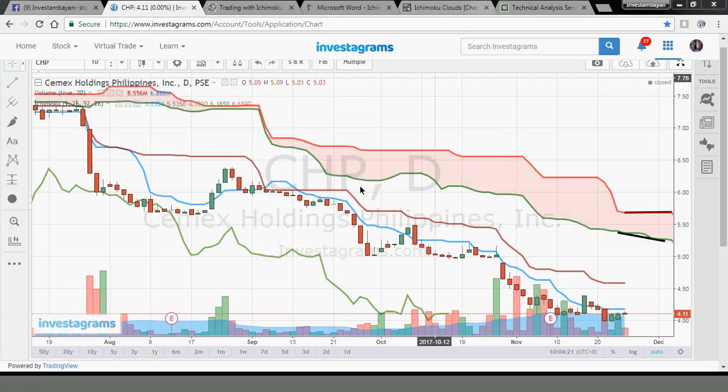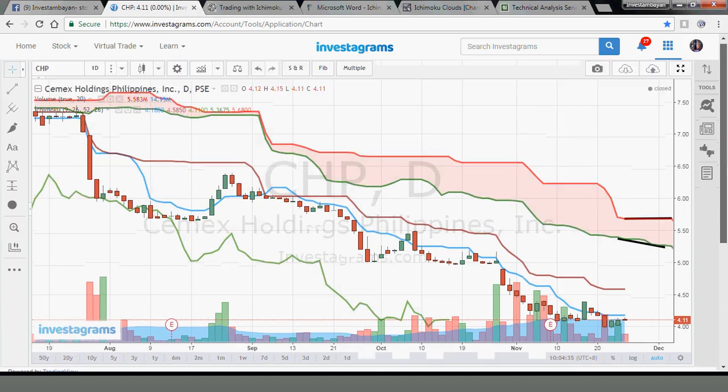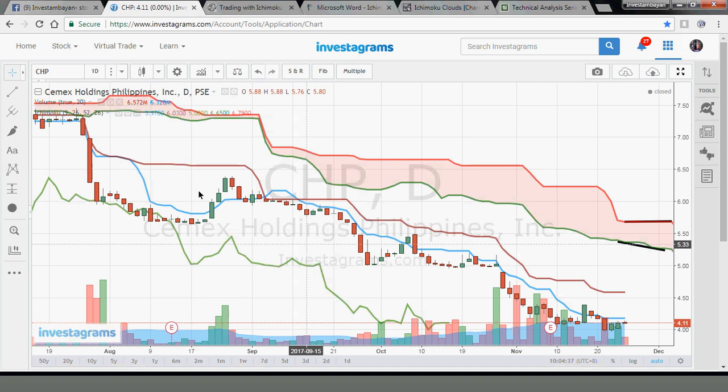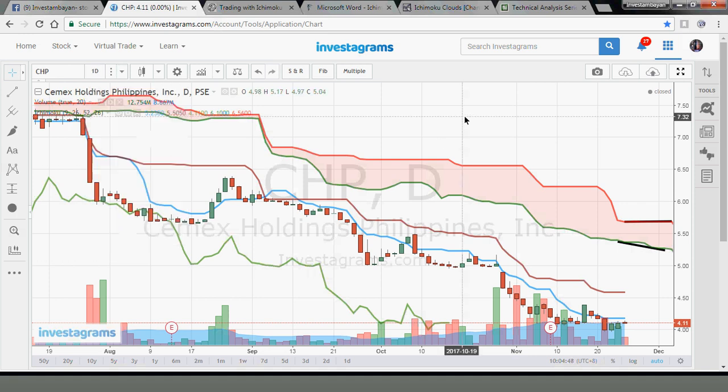So basically, sa one day, sa daily, hindi pa, halimbawa, this one, for this type of setup, the breakout na siya dito. I would suggest, ang ginagamit ko kasi, halimbawa, nag-breakout siya dito, sa hourly. Pero depende kasi yan.